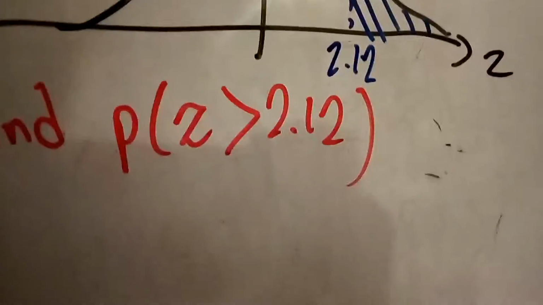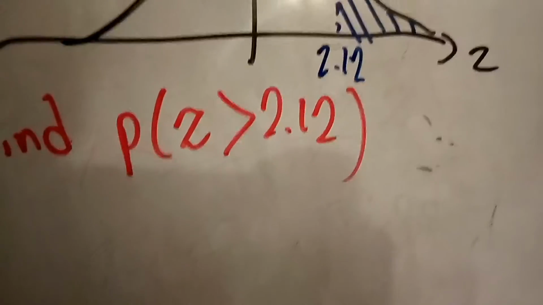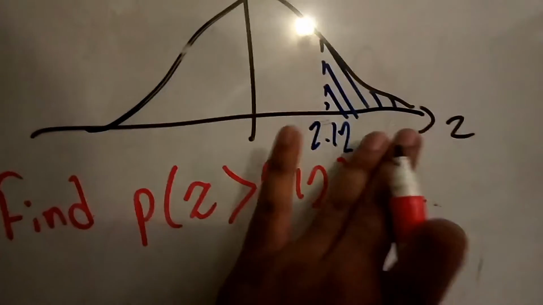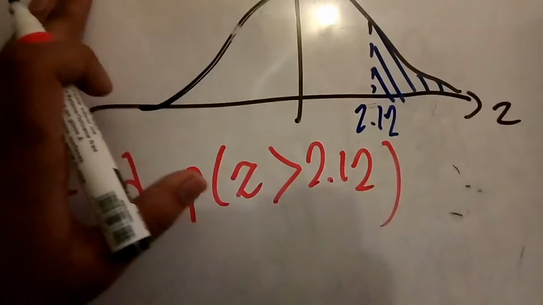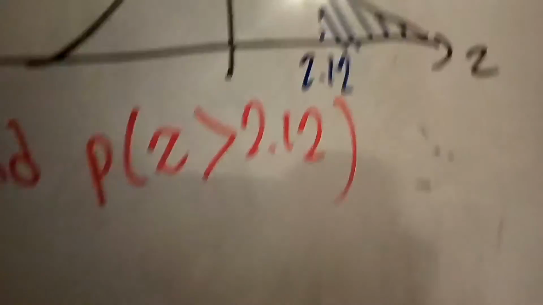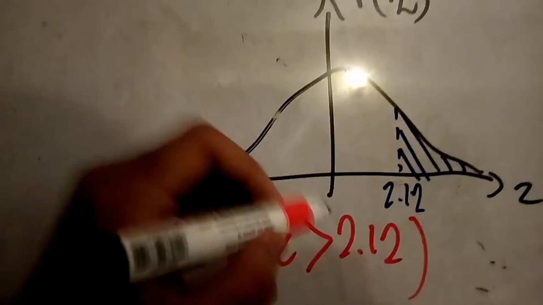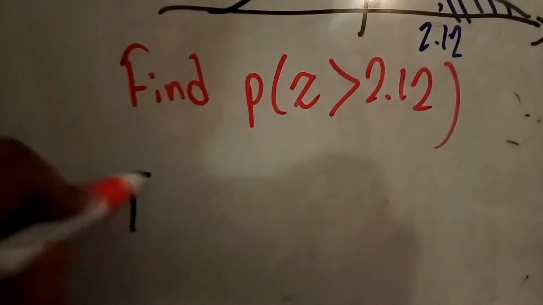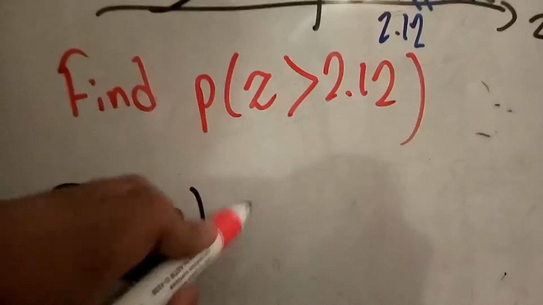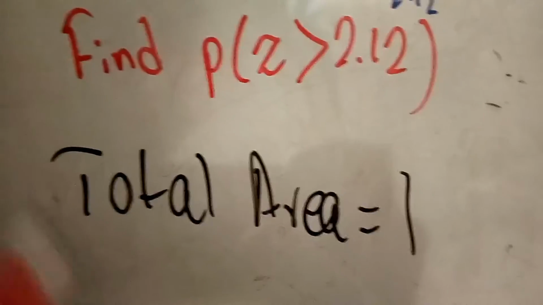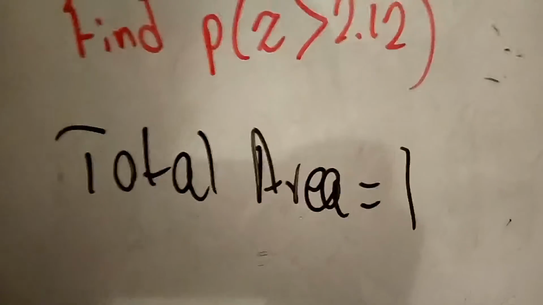So the best solution is to subtract the area less than 2.12 from the total area. Total area is 1 because the sum of all probabilities equals 1.